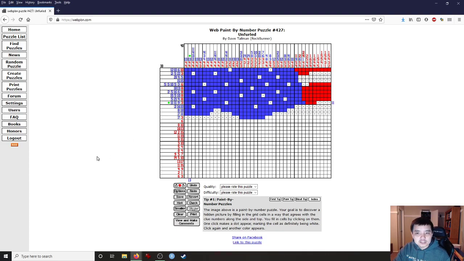Now the challenge is to figure out where we could start the logic chain next. So once again, we'll look for some big numbers here.